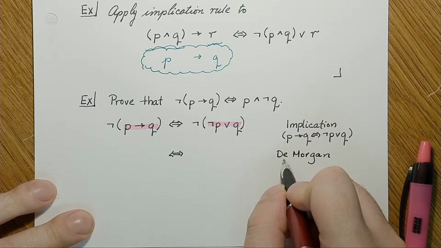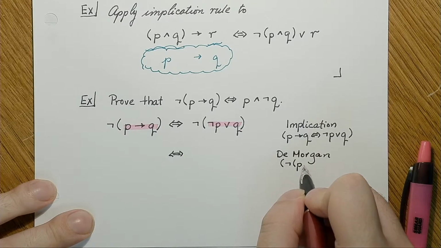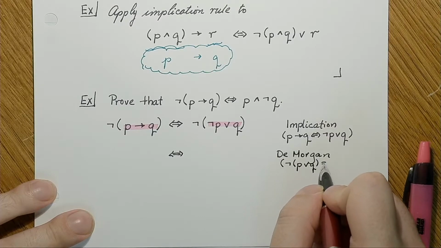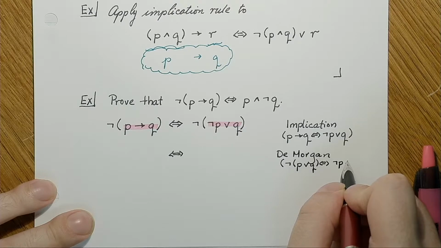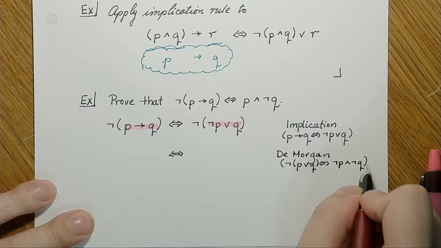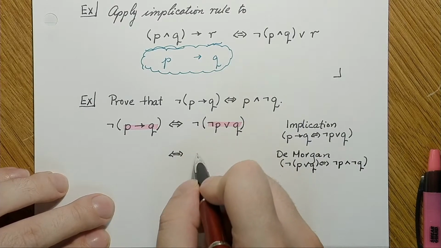De Morgan's is that not (P or Q) is logically equivalent to not P and not Q. So I'll distribute this.